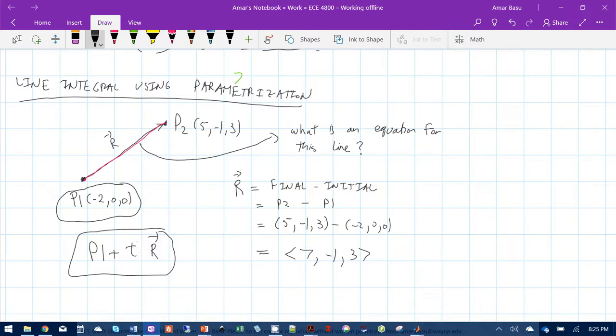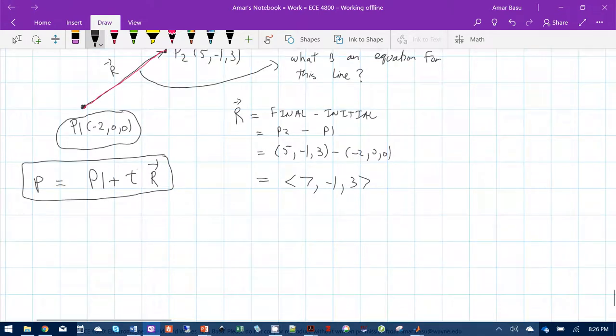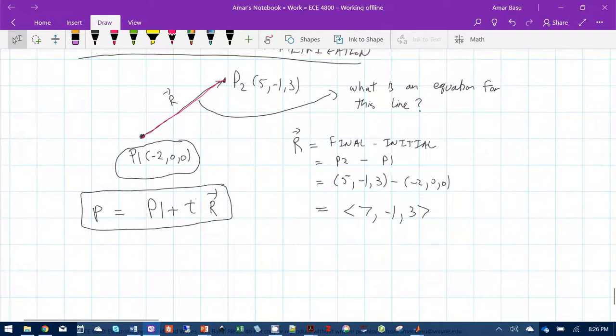R is the direction from P1 to P2, right? I'm sorry, let me write this more clearly. An arbitrary point on the line is equal to P1 plus a parameter t times r.